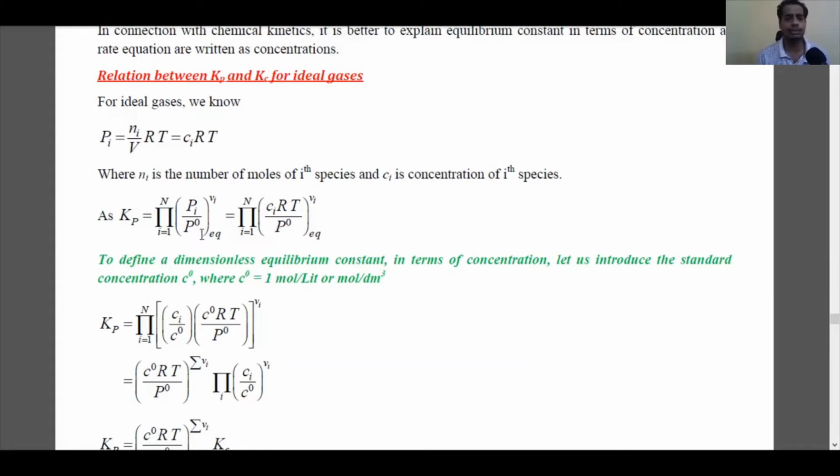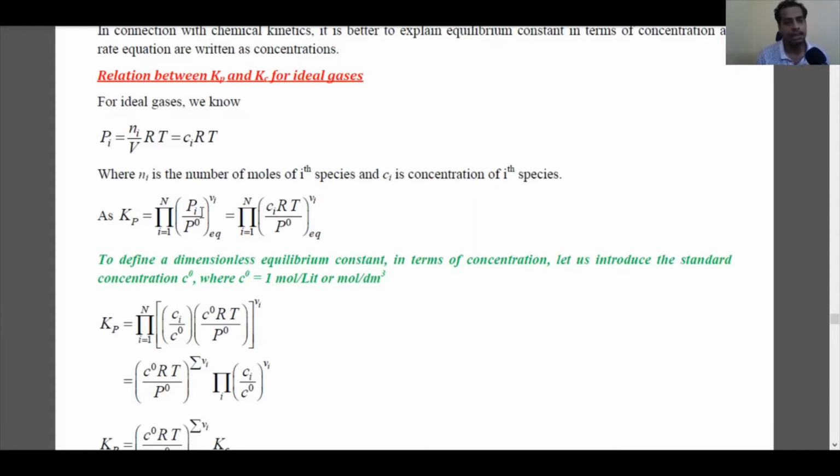P0 is the standard state pressure, generally taken along with the partial pressure of every species. Again, Kp, the equilibrium constant in terms of partial pressure, is expressed as a pi operator with this expression. That means it is the ratio of the product of partial pressures of the products raised to their stoichiometric coefficients divided by the product of partial pressures of the reactants each raised to their stoichiometric coefficients.